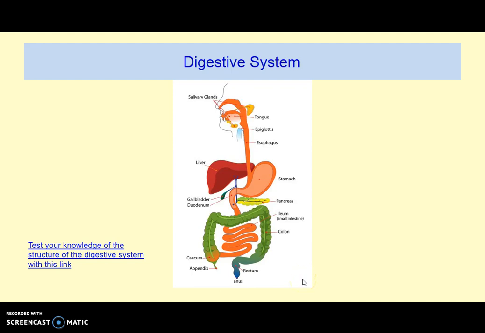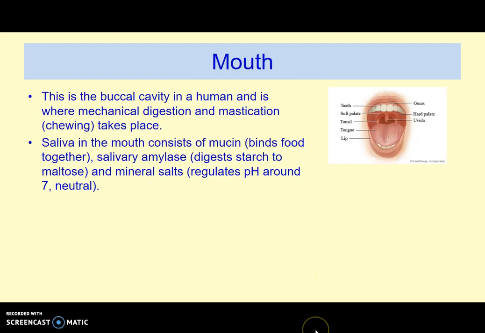So, in more detail, here's what's going on in the mouth. The more scientific word for your mouth is the buccal cavity, and that's where your mechanical digestion takes place: mastication, chewing. The saliva has mucin, which is a glycoprotein. It's a fantastic glycoprotein.